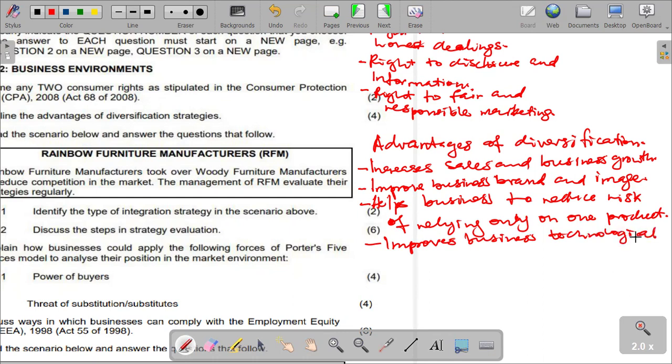We are saying diversification helps business to improve their capabilities; it is another point that we can add in this respect. Another point that we can quickly identify is the advantages of diversification.